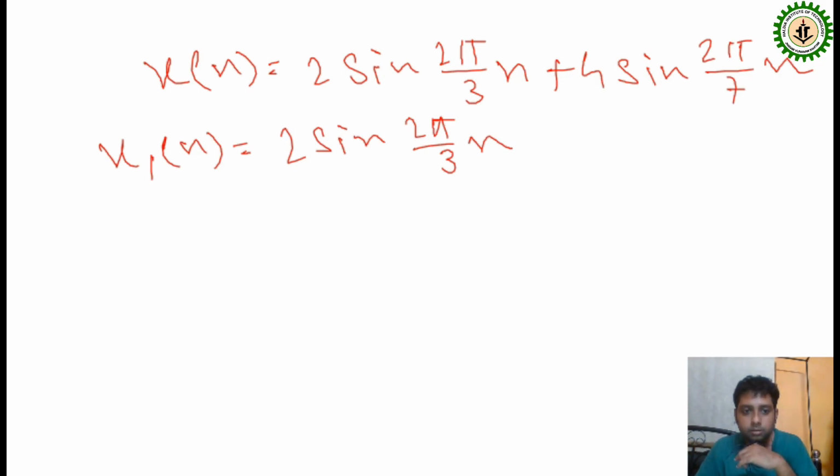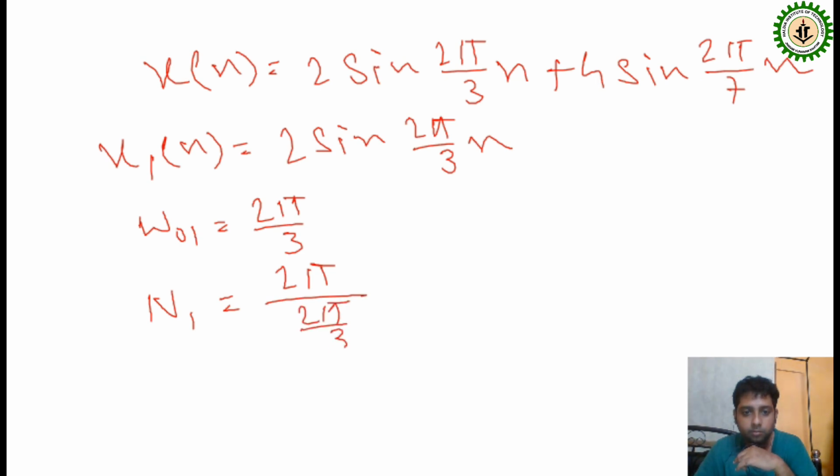If we compare x1[n] with the standard expression, we get omega naught 1 is equal to 2 pi by 3. From there we can find the fundamental period, that is 2 pi by 2 pi by 3 into m, that is 3m, that is 3 when m is equal to 1.